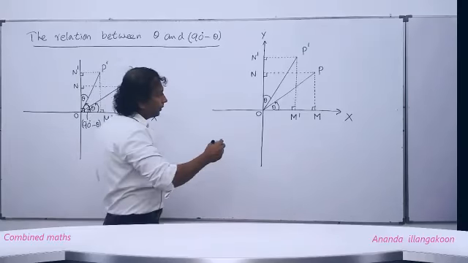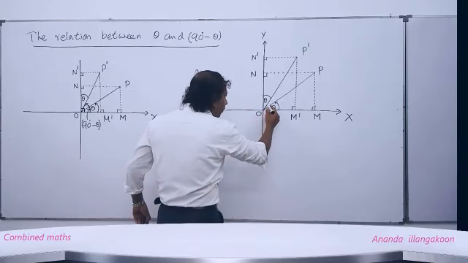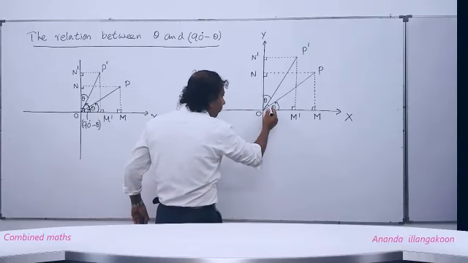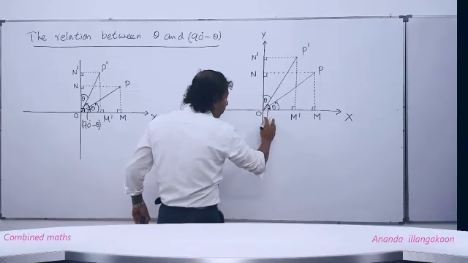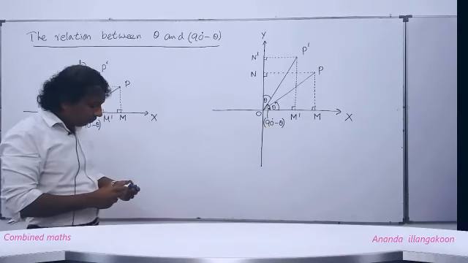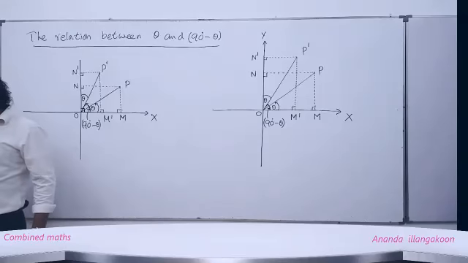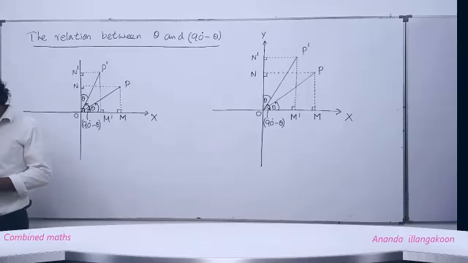So this angle is the 90 minus theta. Right, draw this diagram.